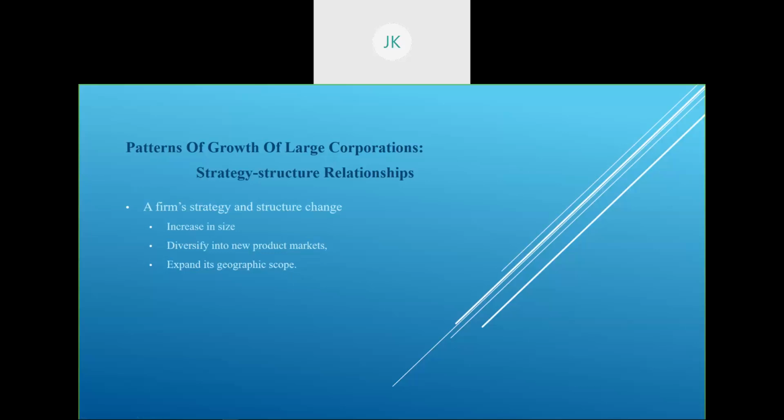For example, In-N-Out, the California-based fast food hamburger company, expanded to other states, to the east side. Then the company needs more functions, more people, more material, more resources, and so on. So the expansion changes structure.